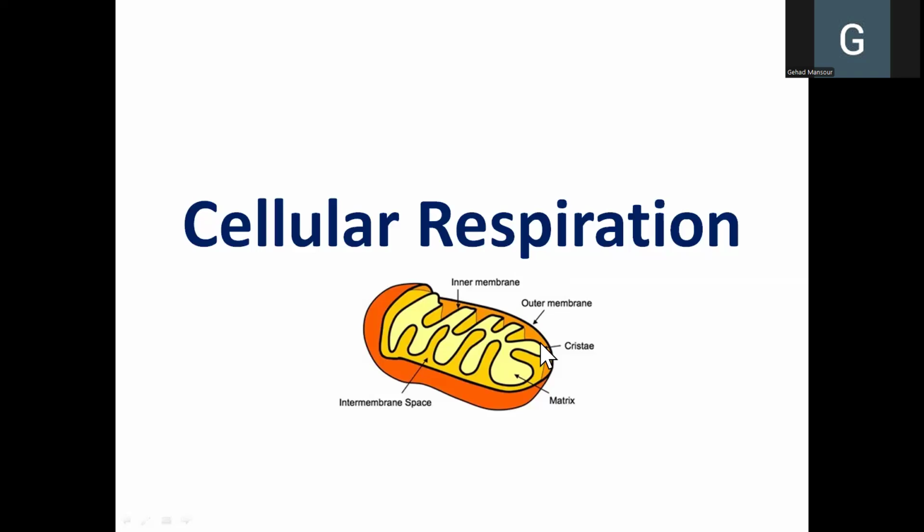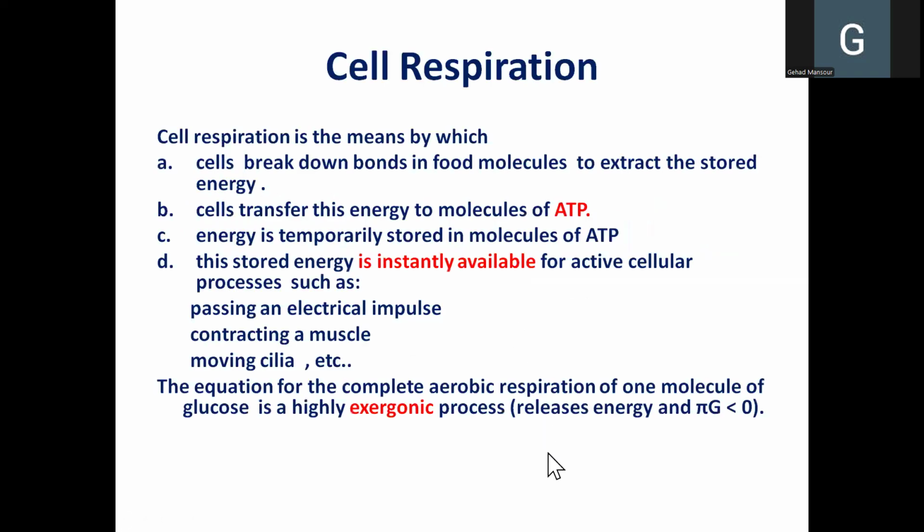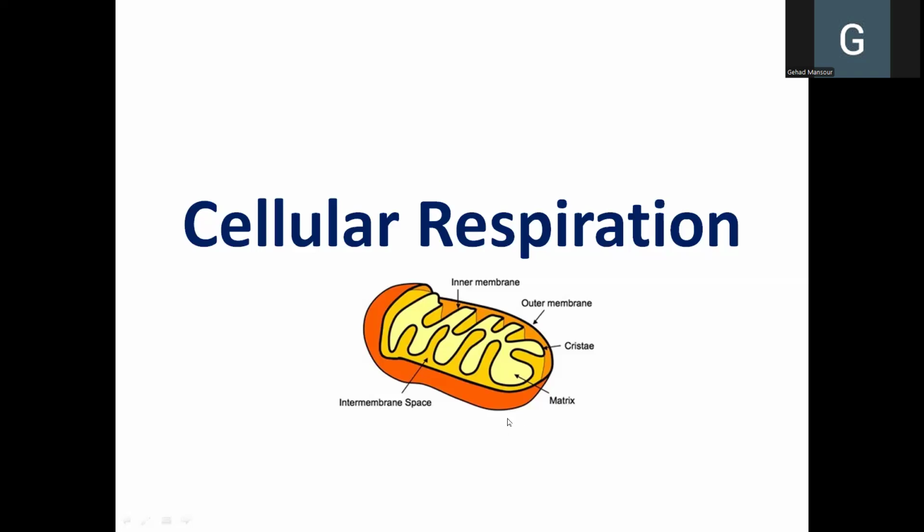We have studied the structure of the mitochondrion, which is one of the organelles that is double membrane. So it has an outer smooth membrane and an inner membrane that is highly folded. We call every one of these folds a crista, and the total of all these folds is called cristae.